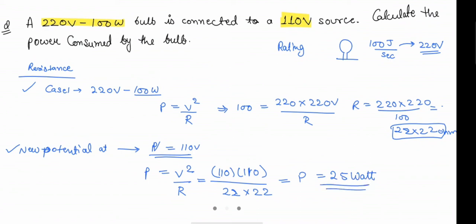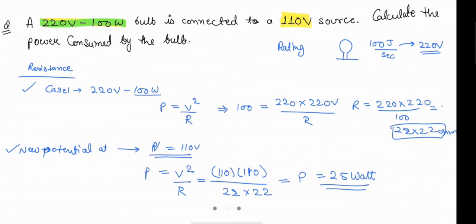Let me just repeat it again. We had a bulb for which the rating was this, and now it has been connected to 110 volt instead of 220 volt. In that case, we know that it will be giving us lesser power than it should, because it has been connected with a lower potential.